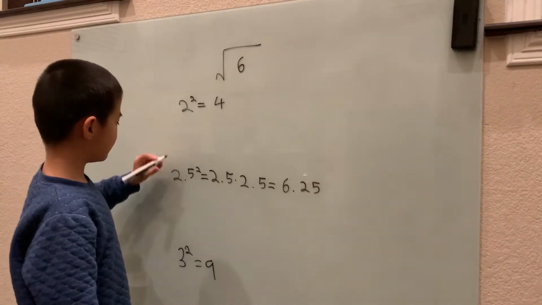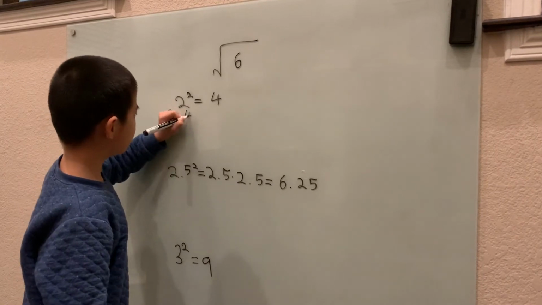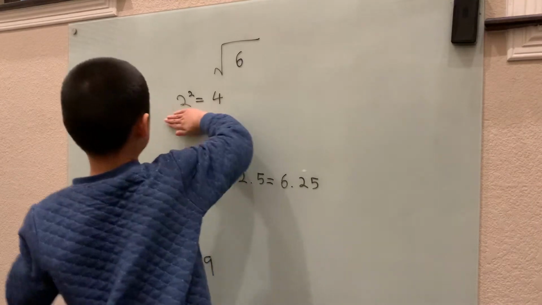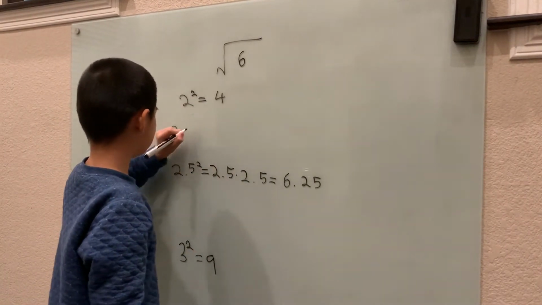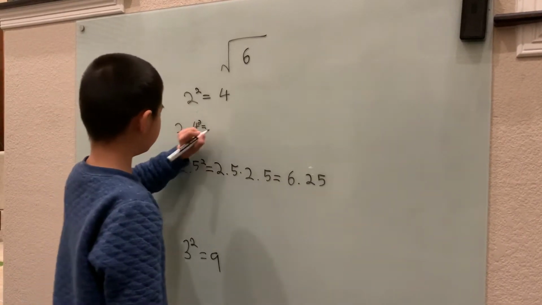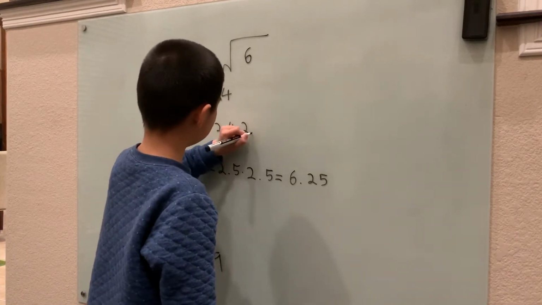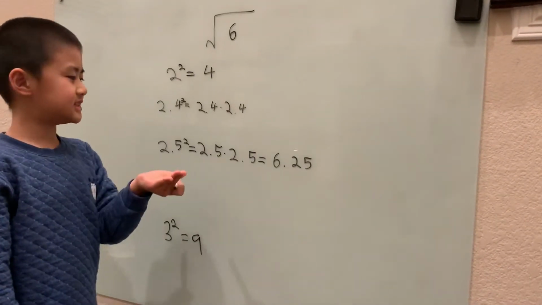So now let's try 2.4. I'm gonna try a little less, closer to that 2 squared. I'm just gonna use 2.4 times 2.4, and then 24 times 24, let's see.